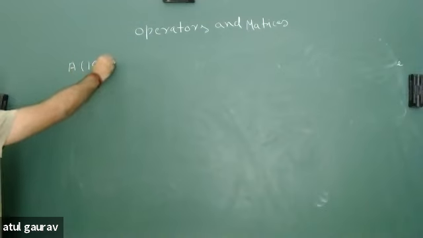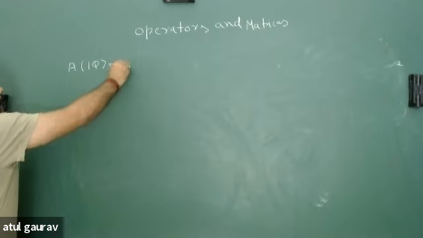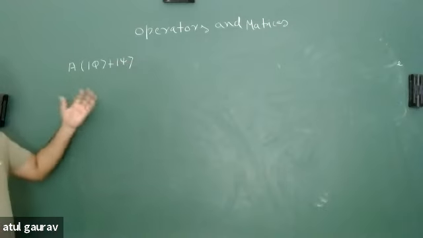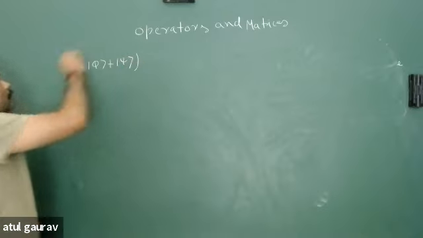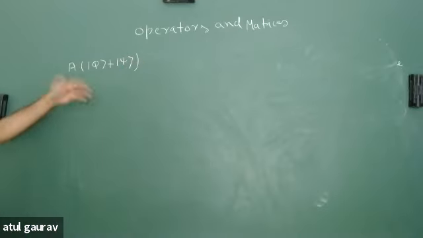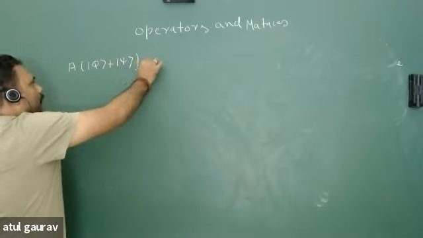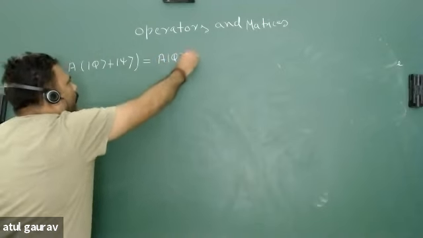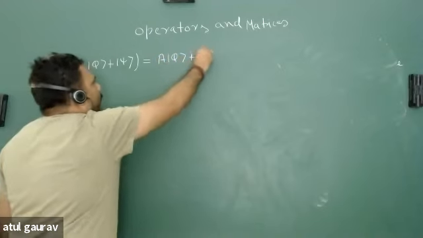I am writing in the form of a ket because you can use it more frequently in quantum mechanics in ket form. So this is equivalent to A phi plus A psi.